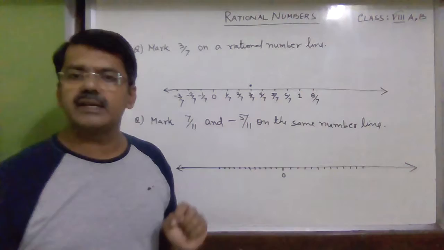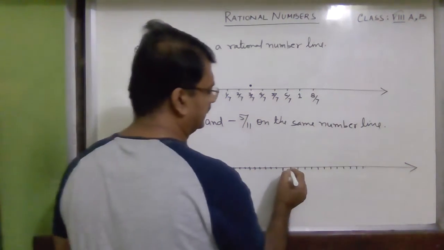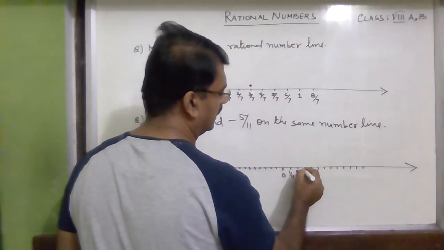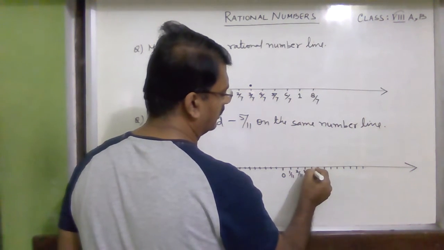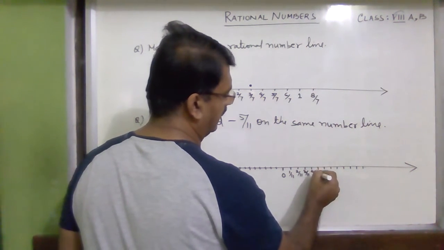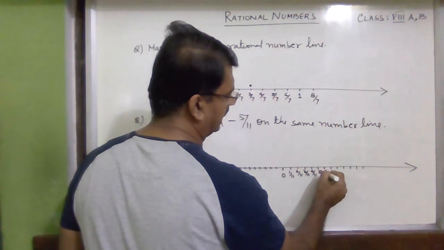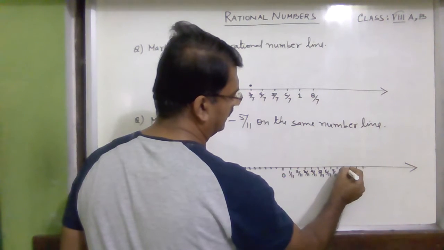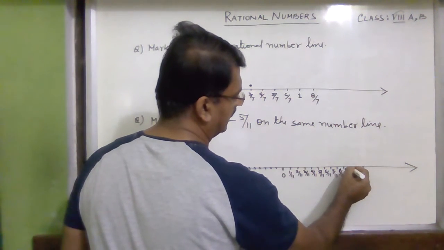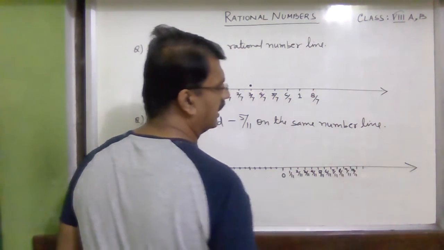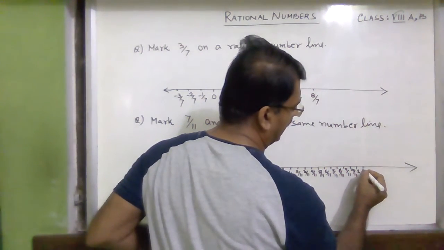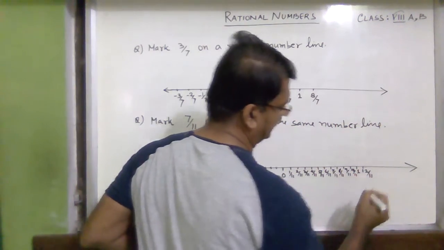Now as there is 11 in the denominator, here you will write 1 upon 11, 2 upon 11, 3 upon 11, 4 upon 11, 5 by 11, 6 by 11, 7 by 11, 8 by 11, 9 by 11, 10 by 11. Now 11 by 11 is nothing but 1, so you simply write down 1 here, and then you can write 12 by 11 like this.